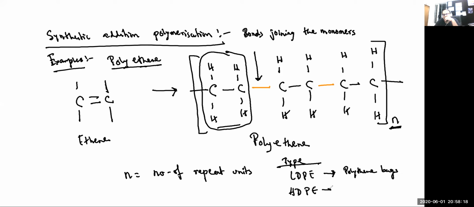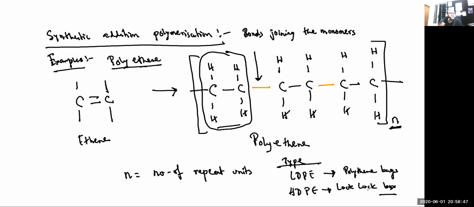High density polyethylene is like the lock and lock box you have at home, which is used as a tiffin box. So obviously, just from the name you can understand that one has more ethenes than the other.